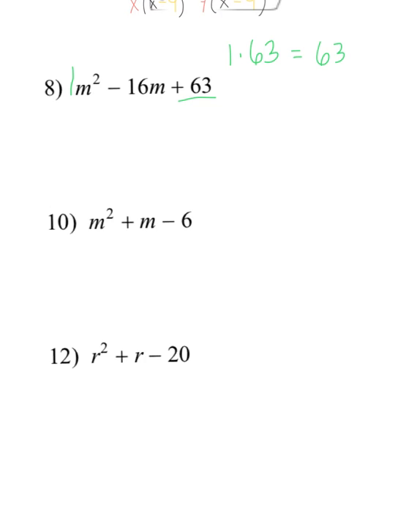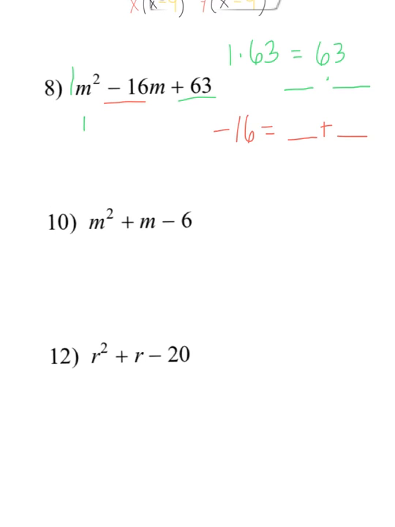And then we're also going to take our negative 16 and we're going to figure out what two numbers add to get negative 16 and multiply to get positive 63. So think about all the numbers that multiply to get 63.